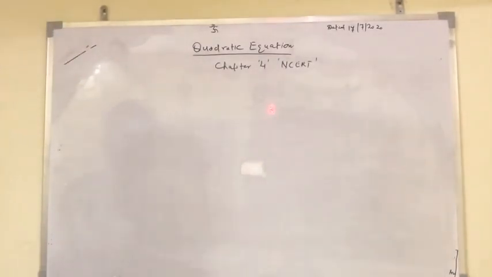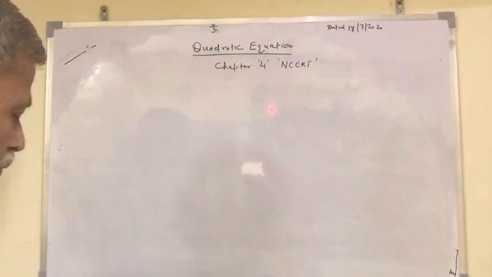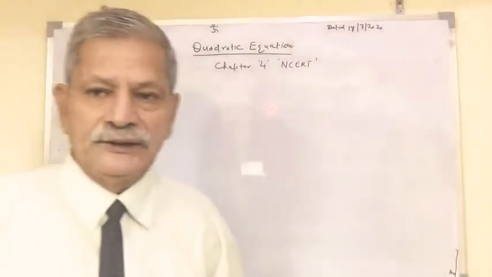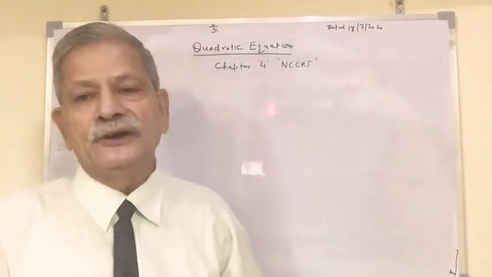Now we have to first of all know what a quadratic equation is. Any polynomial of degree 2 is called a quadratic equation.